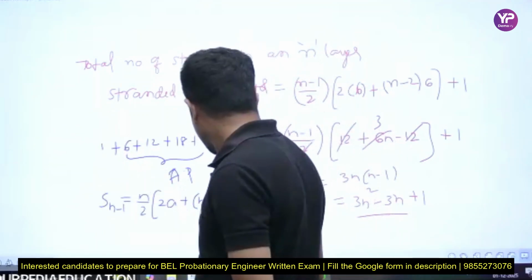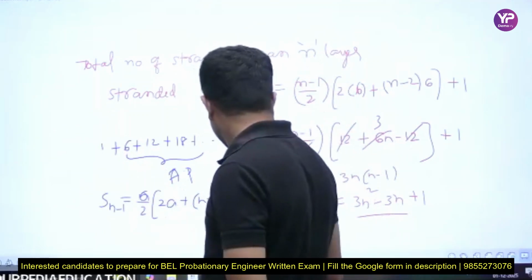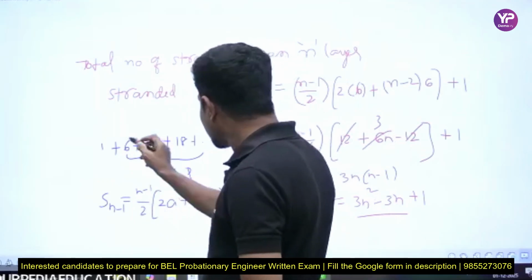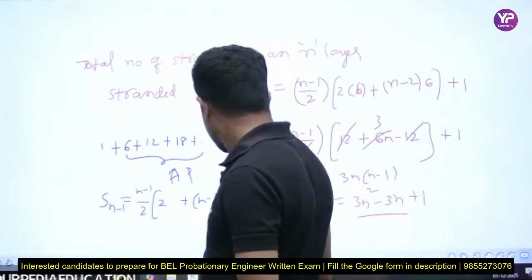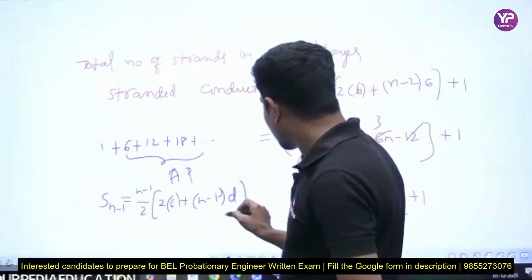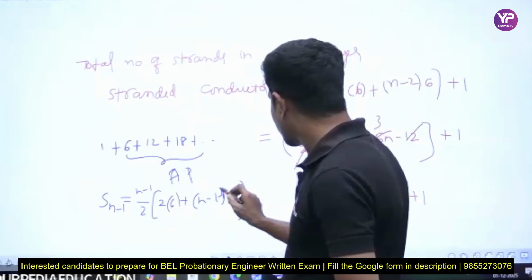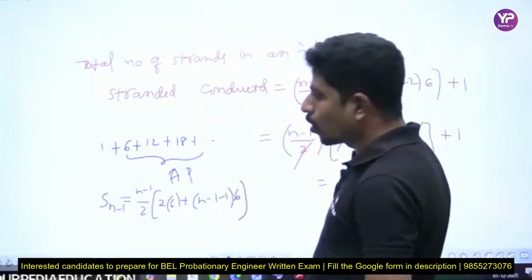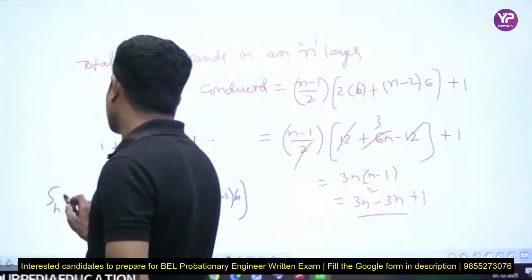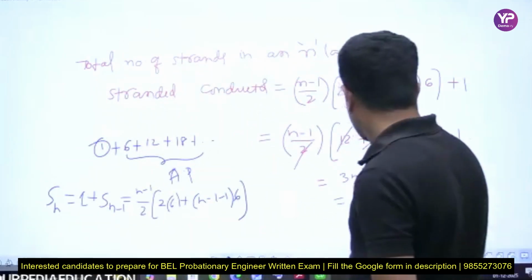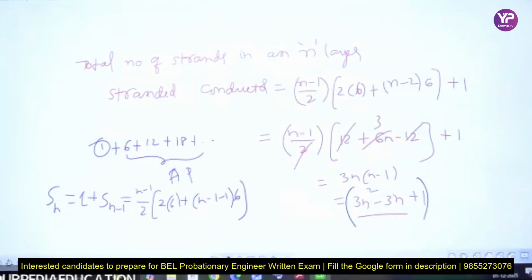The first term a is 6, then n minus 1 minus 1, and the common difference is 6. Now for the total you have to add 1, that first strand. The same, 3n square minus 3n plus 1.